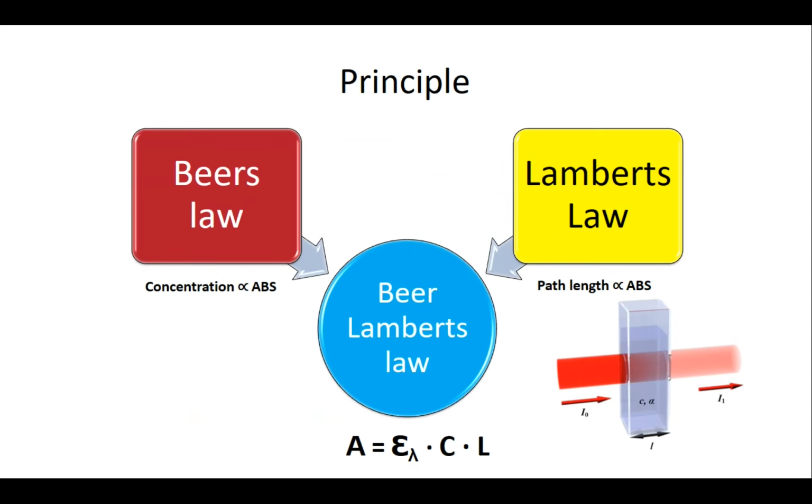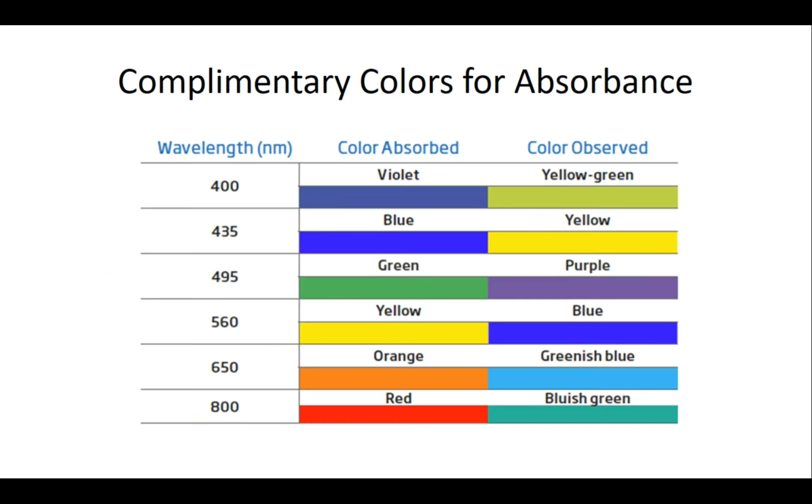The molar extinction coefficient is a constant which remains constant with any change in concentration. So when you plot a graph of absorption versus concentration, you get a straight line. The gradual increase of concentration and absorption is in multiples of this molar extinction coefficient. But the color of light you see is not the color which it absorbs.